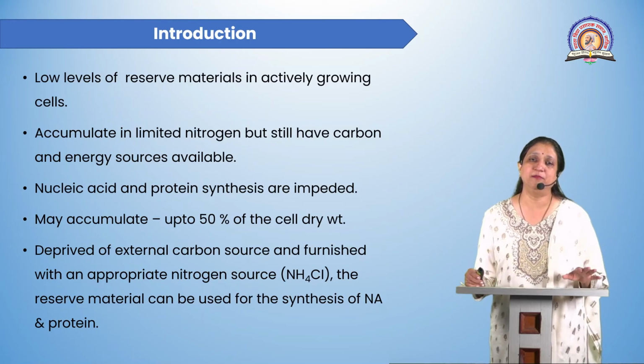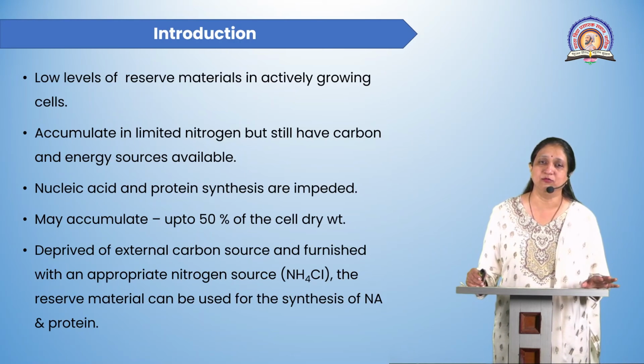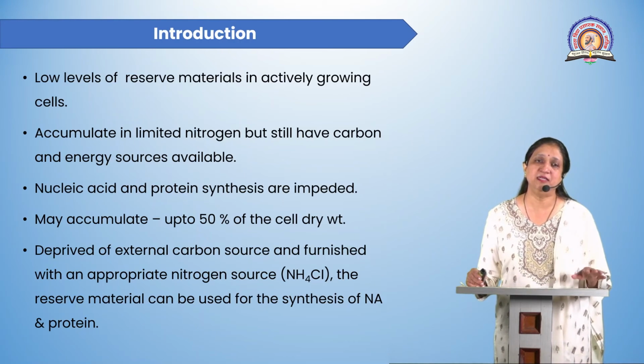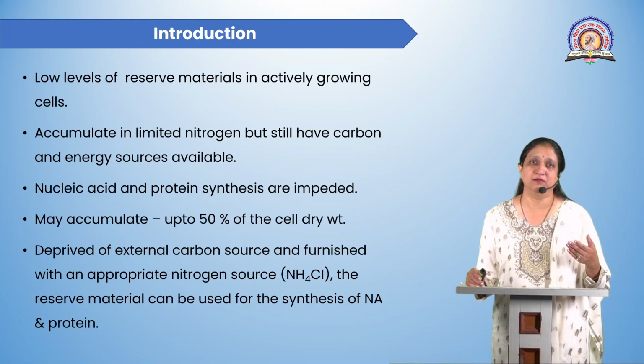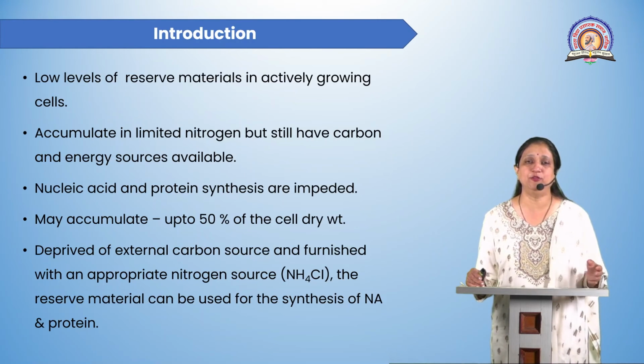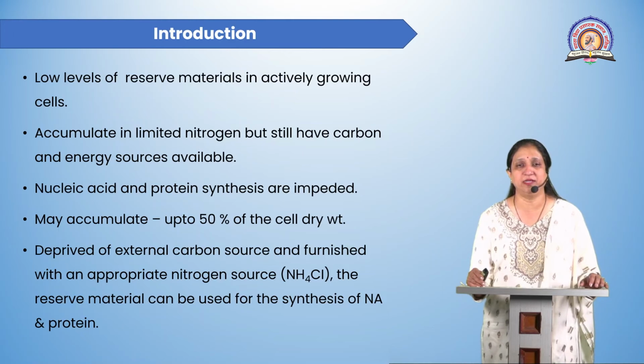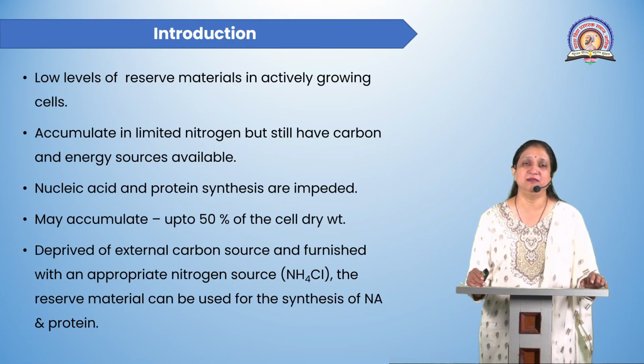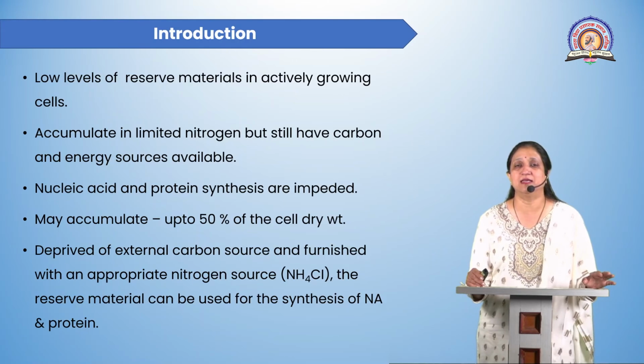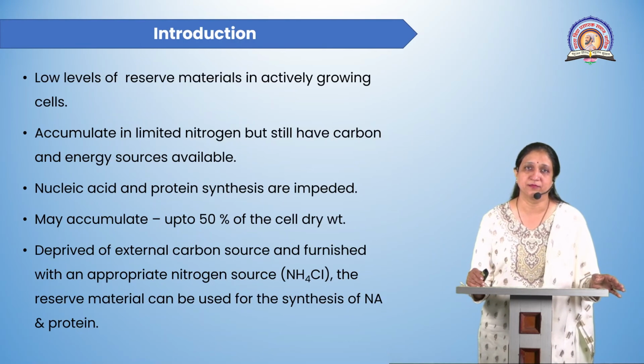limitation of a carbon source in the surroundings and the medium is supplied with a nitrogen source like ammonium chloride, the reserve material can be utilized for the synthesis of nucleic acids as well as the proteins.